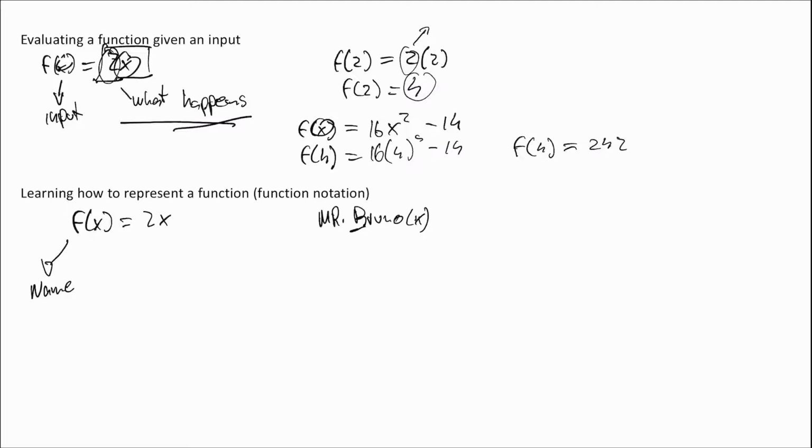It can be f of x, g of x, d of x, whatever you want. But put a letter, it will make your life much easier. But what you have to understand, that is just a name. Your x is your input, and this number is your black box. It's what you will be doing to your input. So that's 2, and then you'll multiply it by your input. Okay, that is how you represent a function.